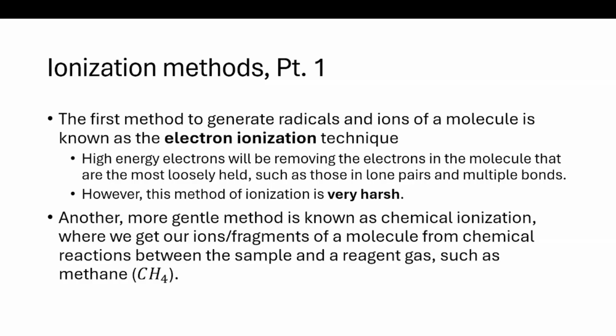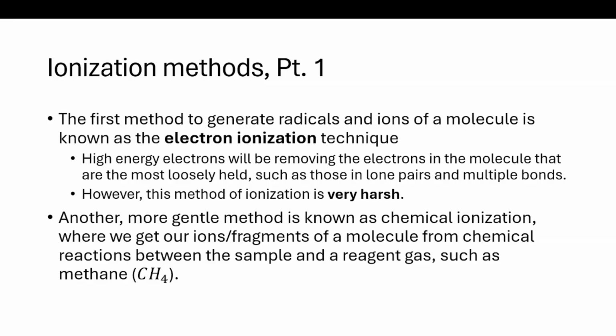And these electrons will be removing the most loosely held electrons in the molecule. Take, for example, electrons in triple bonds or in lone pairs. Those are very easy to remove. And in addition, because we are firing these high energy electrons, this method of ionization is considered to be pretty harsh on the molecule.